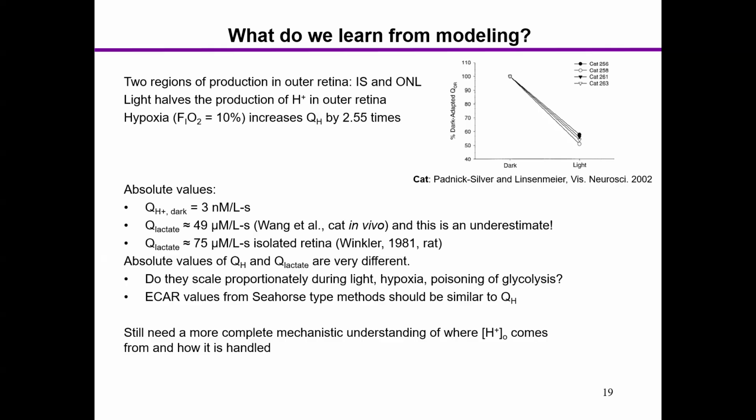Yeah. So this more complete mechanistic understanding of where hydrogen ion comes and goes would need to include those other monocarboxylates. And I personally don't know what the relative amounts of all of those would be.